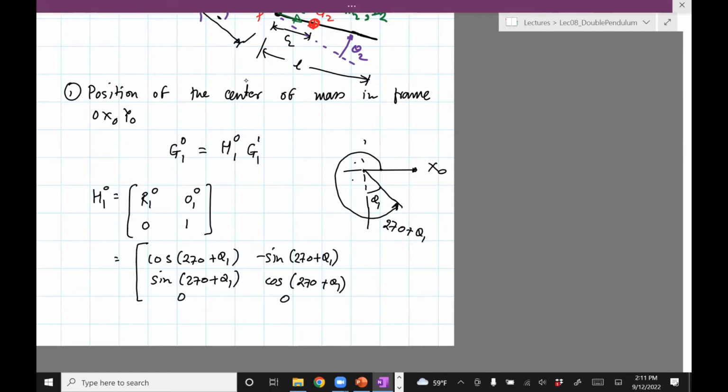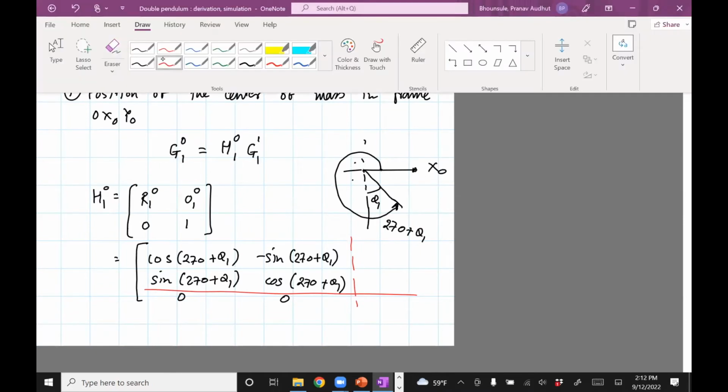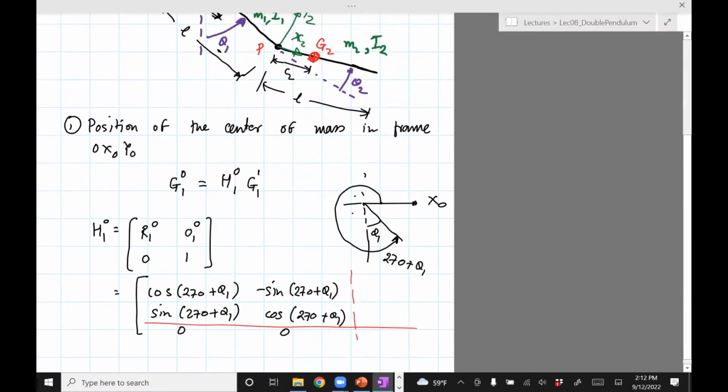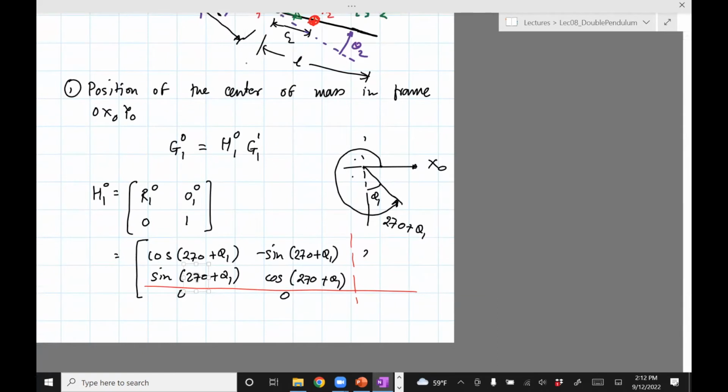And then we need to fill in the coordinates of O10. So if you see here, O0 and O10 are at the same point, it's basically the global origin. And so that's going to be simply 0, 0. So 0, 0. And then this one appears here.